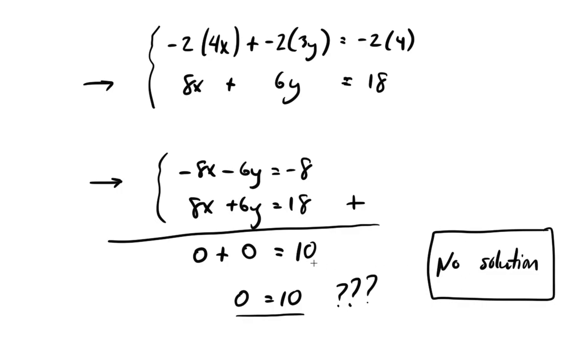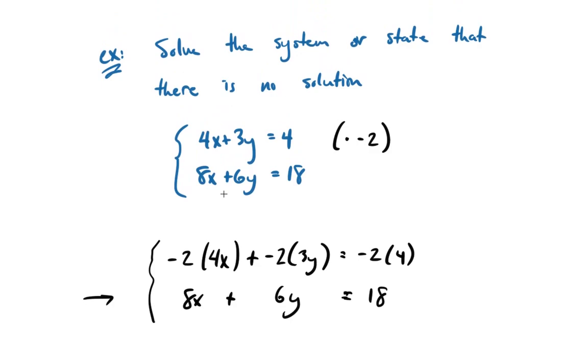So no solution, that means that these lines are parallel. And in fact, if you wanted to think about the slopes of these two lines, so we learned earlier in the chapter how to calculate slope for these two lines. And if you look at the slope of either of these, it's going to end up being negative 4/3 is the slope for both of these. You can verify that if you'd like.